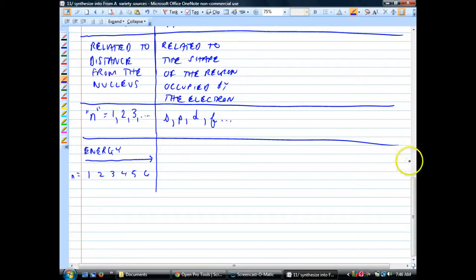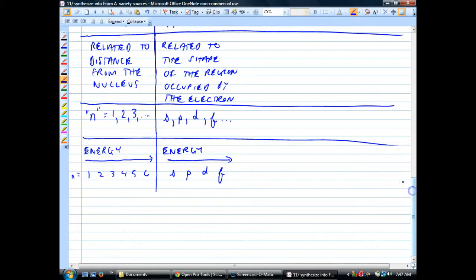Now how does this work? Well, first of all, in terms of energy, it goes like this. Increasing energy, we go from S, P, D to F. So in a given principal energy level, a D has more energy than an S, and an F has more energy than a D, and so on.